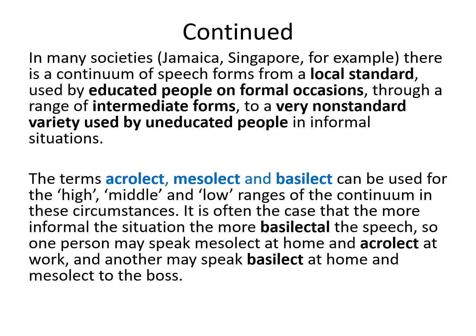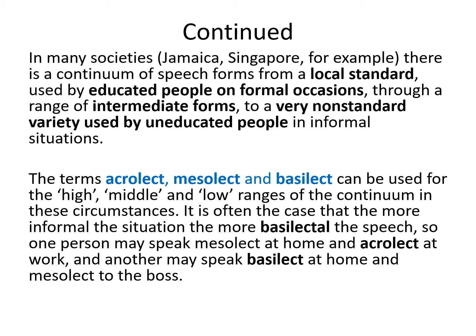There are some societies where local standard or non-standard varieties are used. The local standard variety is used by educated people on formal occasions, and non-standard varieties are used by uneducated people. It's called an intermediate form rather than local standard.